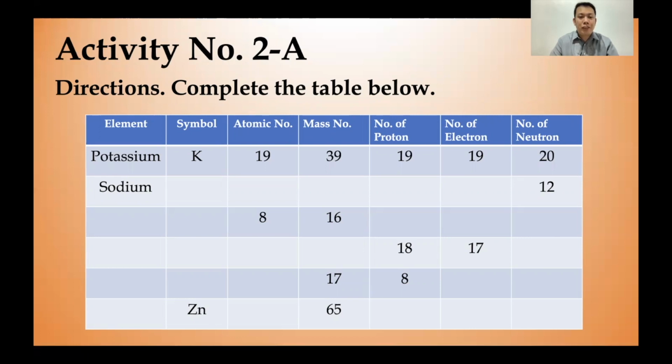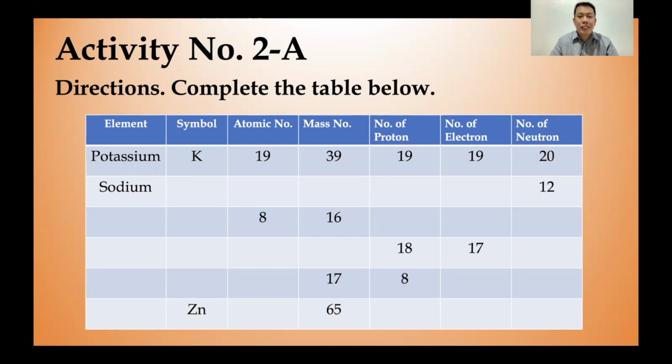For example, you have to get the element, the symbol of that element, atomic number, mass number, number of protons, number of electrons, and number of neutrons. Actually, this is very basic, and I am sure that way back in your lower sciences, you were able to make one, no? So, for example, potassium has a symbol of K.